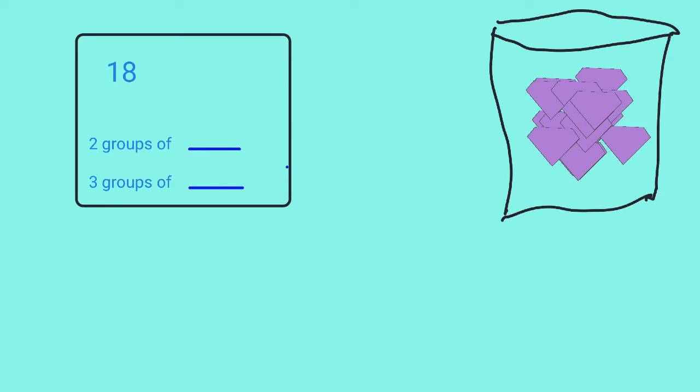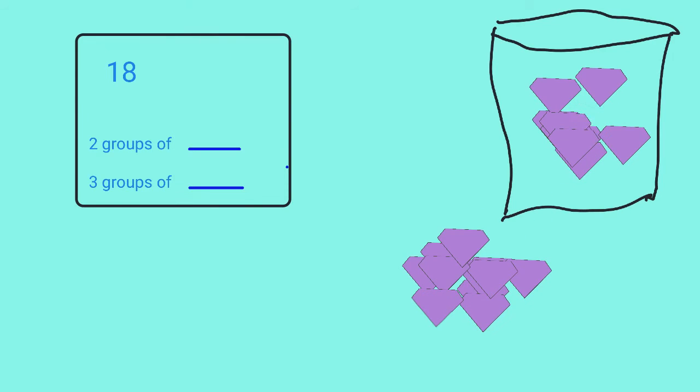All right, so this time we are going to take 18 diamonds out of our bag. 1, 2, 3, 4, 5, 6, 7, 8, 9, 10, 11, 12, 13, 14, 15, 16, 17, 18.